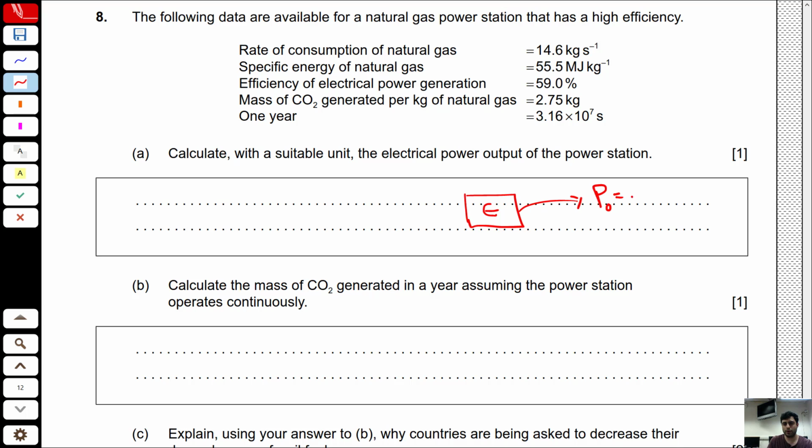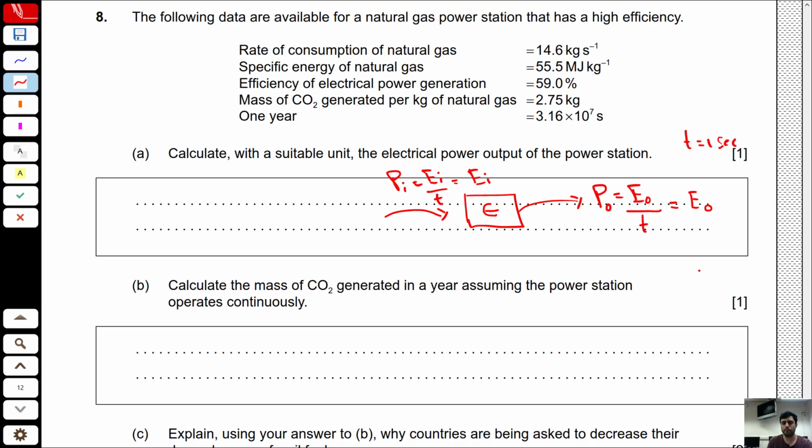So the power output is energy output over time, and you have to give it some power input, which is equal to energy input over time. So let the time be 1 second. Just simplify things, replace this t by 1.